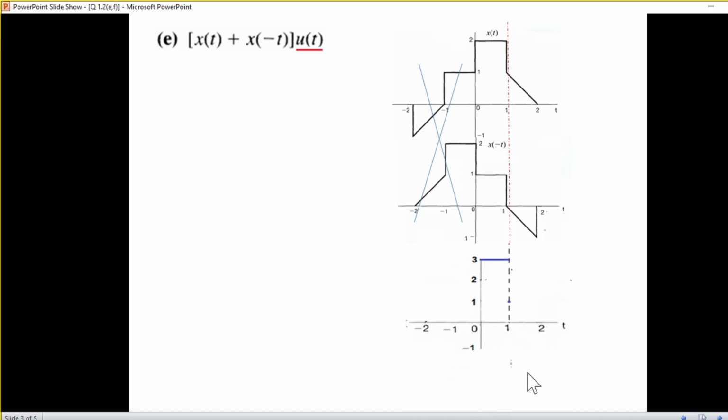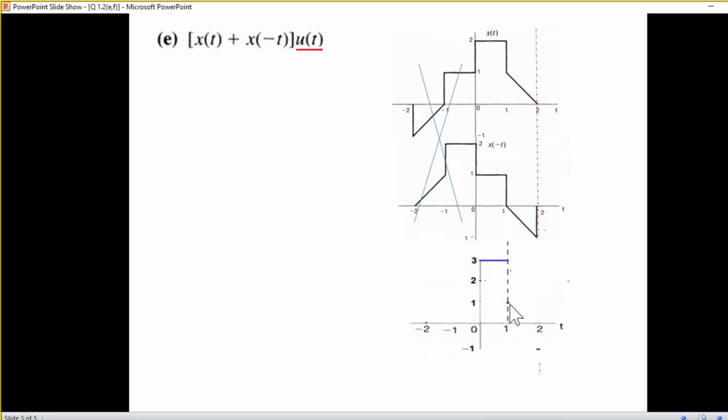I have marked the point 1 here, just a small dot. We move further to the last point, where we have minus 1 here and 0 here. So the summation will be minus 1, and we mark the minus 1 point here at 2.